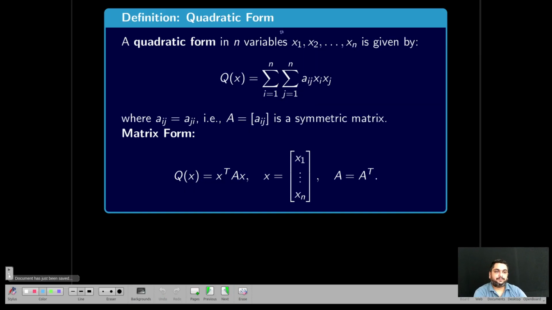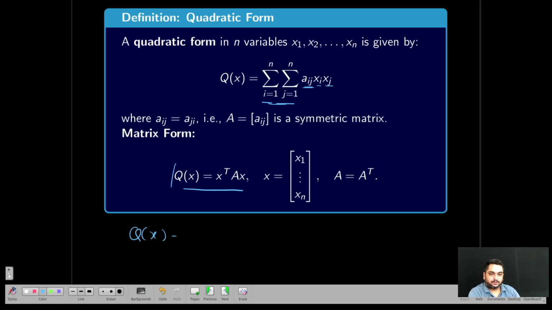What is a quadratic form? It is nothing but the summation of i equal to 1 to n, j equal to 1 to n, aij xi into xj. Now, to further simplify, I can write it in this form also. This is the form that we'll be using.